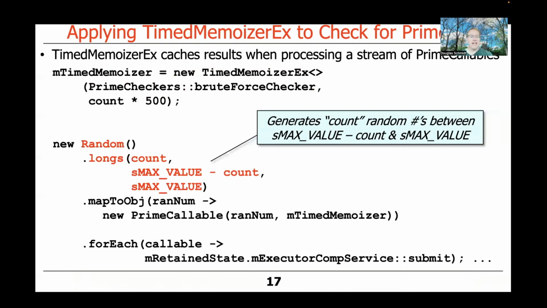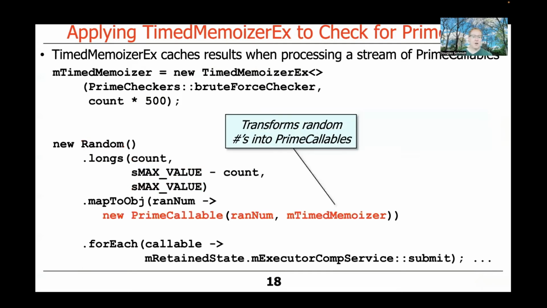We then go ahead and create a stream of count random numbers within a range designed to induce duplicates. We convert each of those random numbers into a prime callable, passing in the number and the TimedMemoizer as the function.